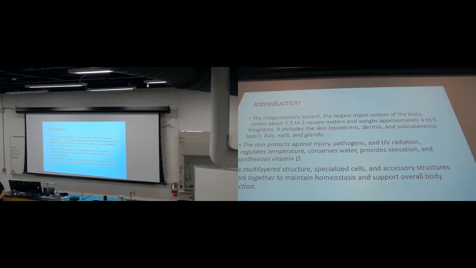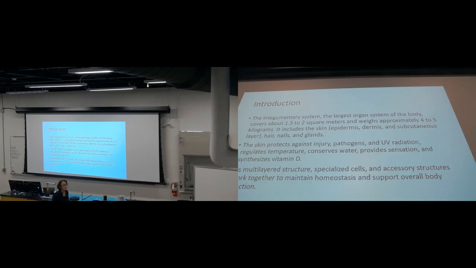So let's say that someone has 5 kilograms of skin. If you multiply 5 times 2.2, that gives you more or less around 11 pounds of skin.